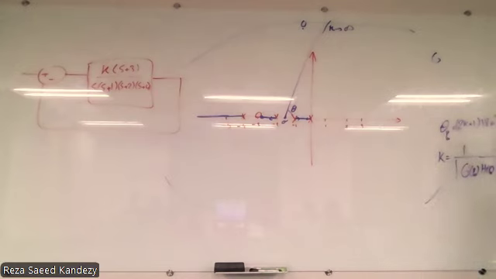Are we good? Those were the criteria that we had to estimate if a point is a pole or not. So if it's a pole, it should follow these rules.